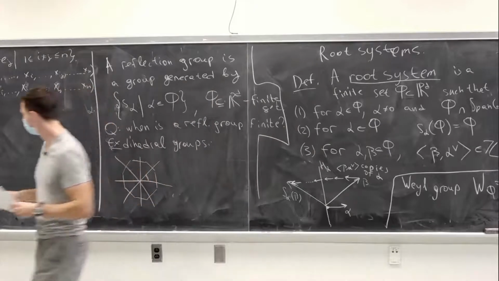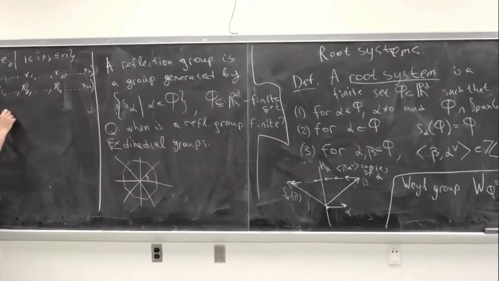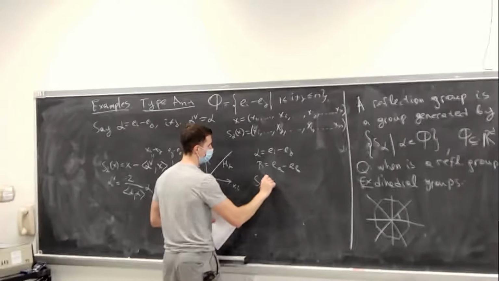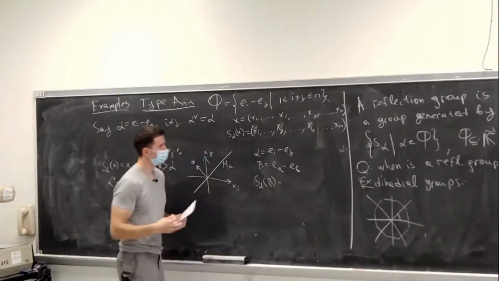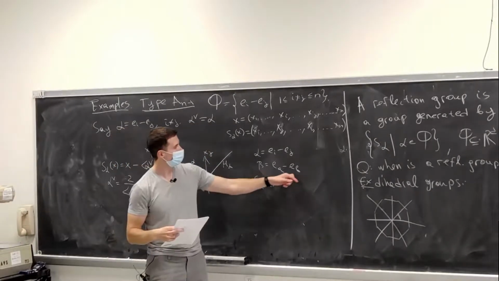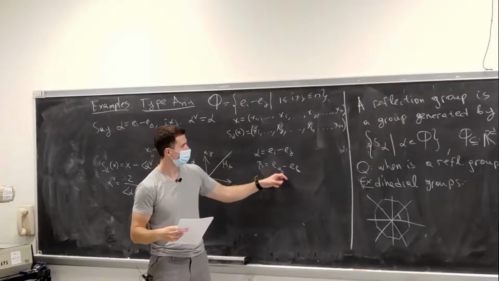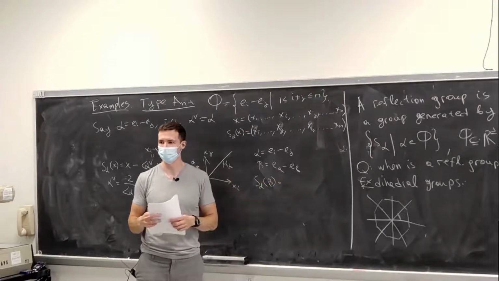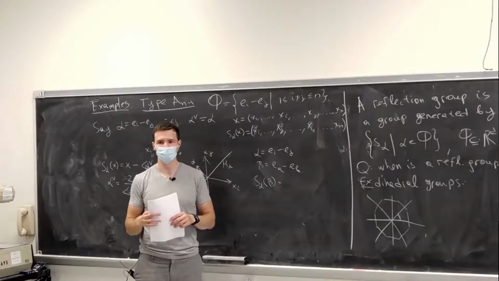So alpha is e_i minus e_j, and then beta is e_a minus e_b, and s_alpha of beta is, sometimes there's nothing to permute, and sometimes there is something to permute, right?